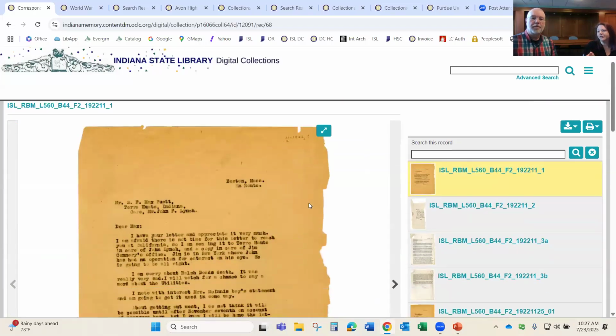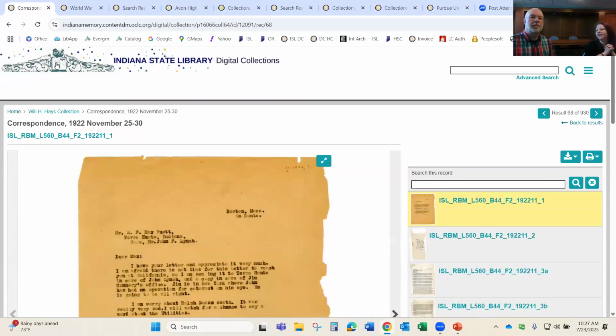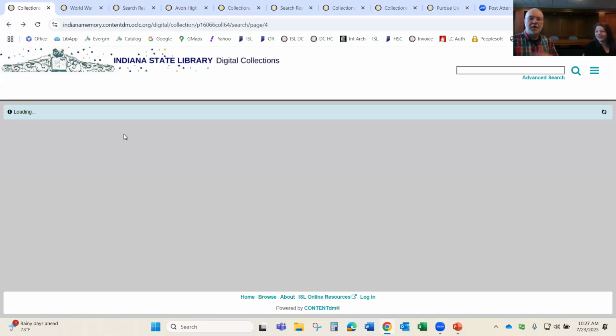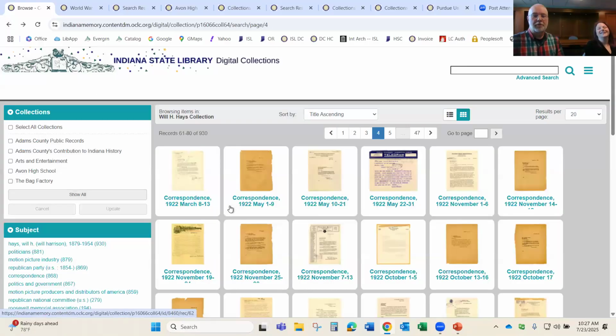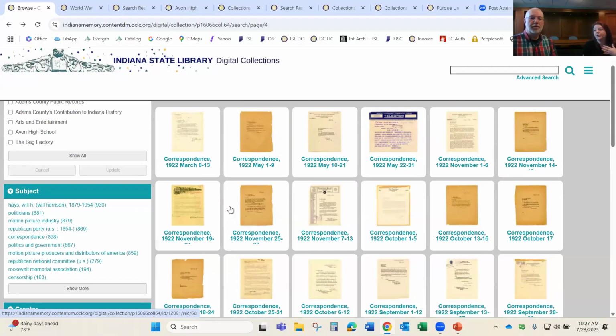Then the Hayes Code is really what he's known for, which is this censorship of movies. And so we get a lot of interest in that, or just connections, because he had a lot of political connections because he was Warren Harding's. Yeah, lots of correspondence. There's loads of things. So we didn't put up the whole collection.